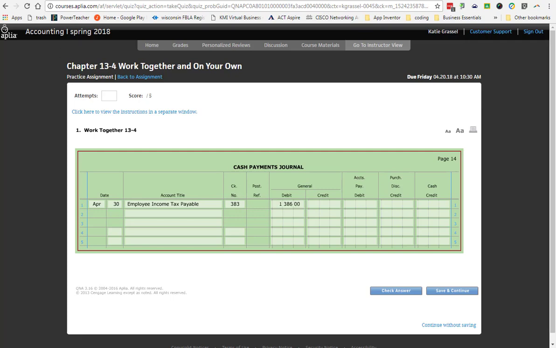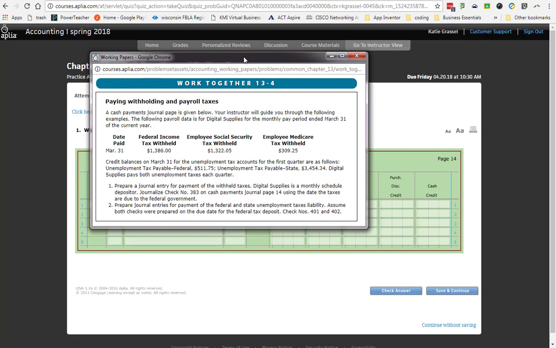Now, I paused here for a really long time instead of just telling you that, because here it says federal income tax withheld, but that is not our account. Our account that we associate with that is employee income tax payable. So that's why I said the account title, and I said what's the number that goes with it. Okay? So we'll put that number in. I do not know the amount of cash yet, so I'm not filling in cash.